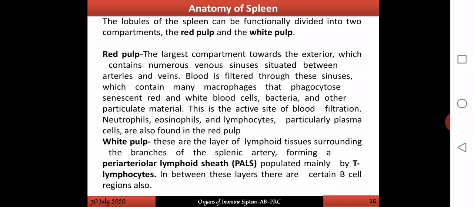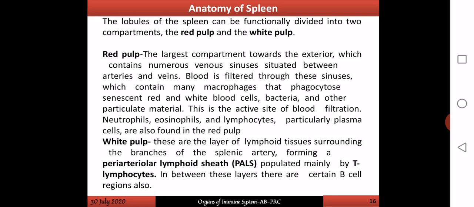So covering these vessels, there is a layer of lymphoid tissue, and the immediate layer of tissue covering this region is called the periarteriolar lymphoid sheath, or PALS. This PALS is rich in T lymphocytes. This is highly populated with T lymphocytes.